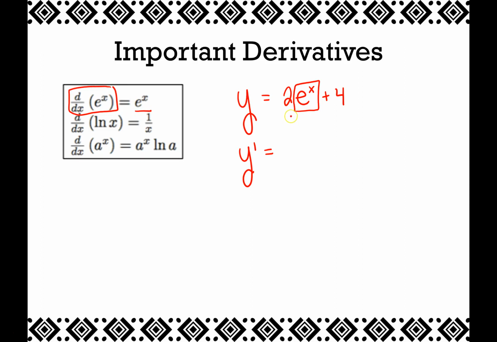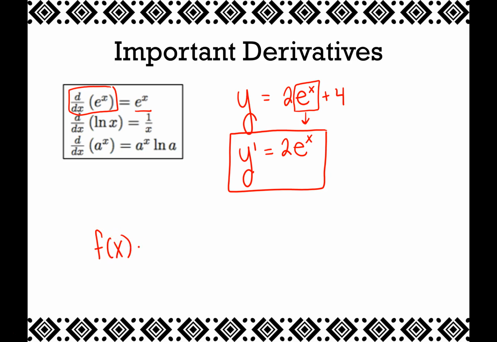So using the constant multiple rule, we would write down the 2 and then multiply it by the derivative of what I have boxed, and that's just going to be e to the x. Now the derivative of 4 is 0, so we don't write that down. So that's it. We're done. So just remember this, when you're taking the derivative of e to the x, it is just e to the x.